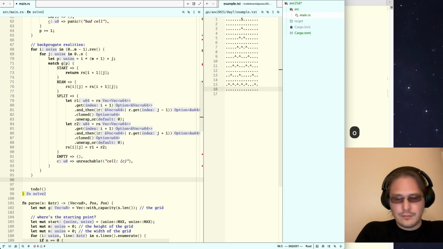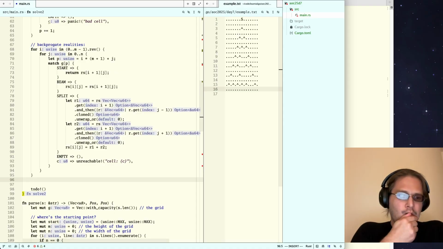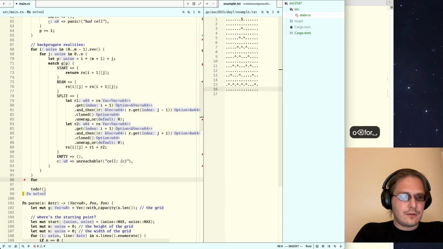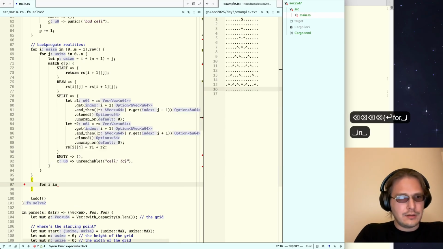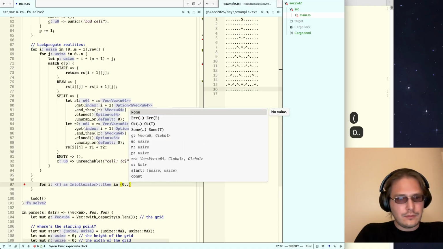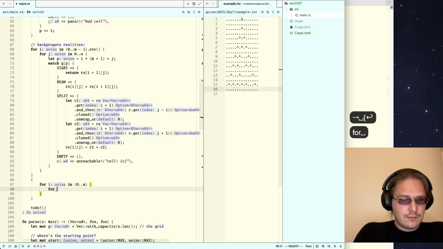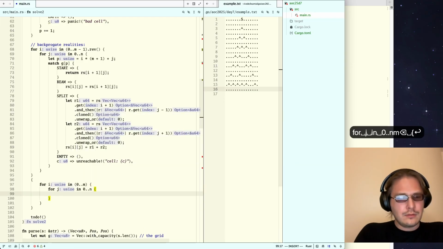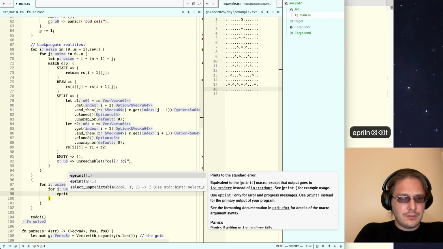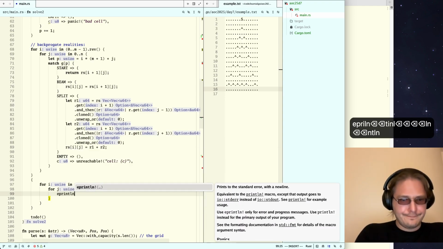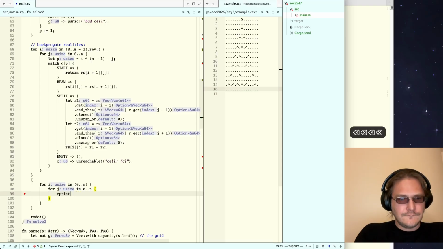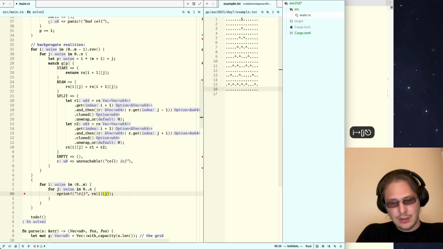Let's do a debug print. And debug print will be something like for i in 0 to m, for j in 0 to n, you print ln, just a print, what number of realities at ij.